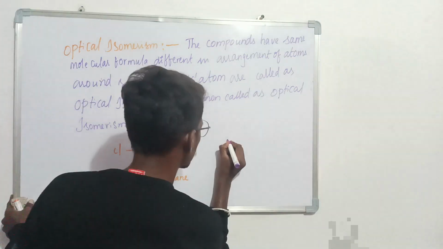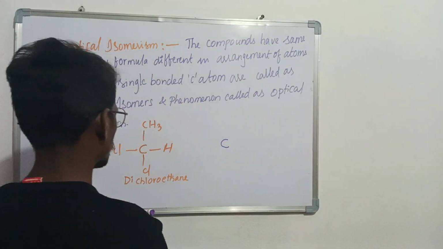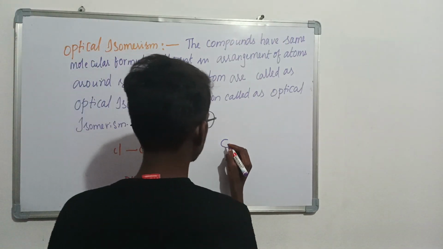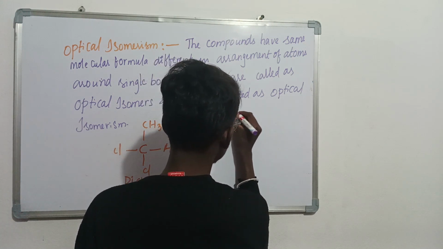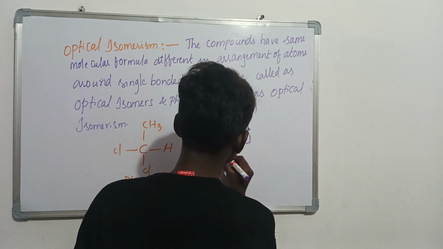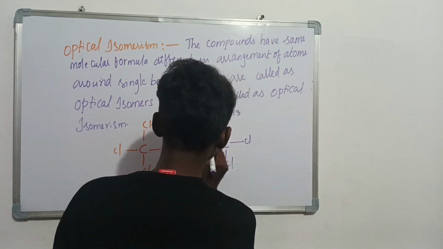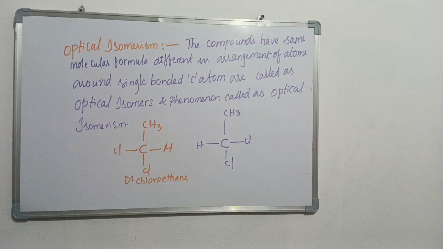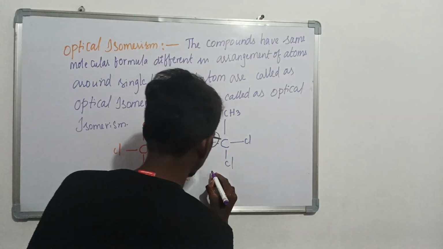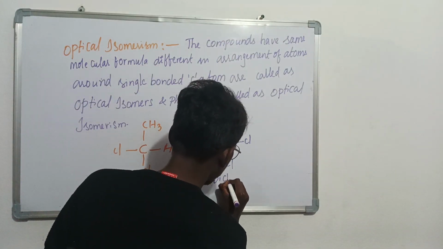Then the same carbon atom with CH3, Cl, H. This is also dichloroethane.